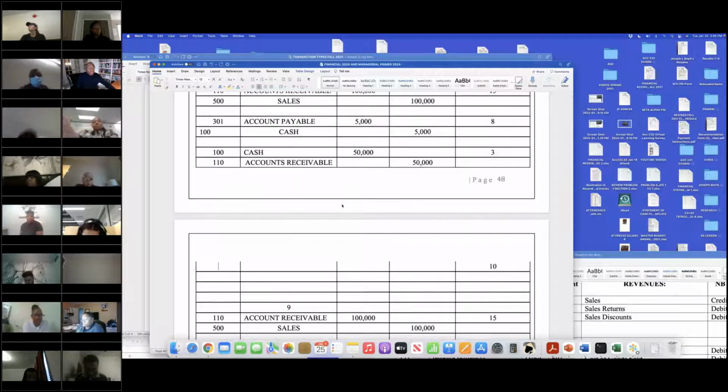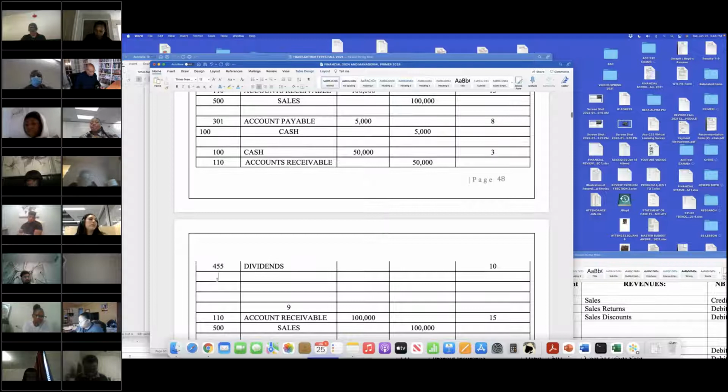So we're going to debit dividends. What's the account number for dividends? 455. We're crediting what? Cash. What was our amount? 5,000. We only have one more to do.